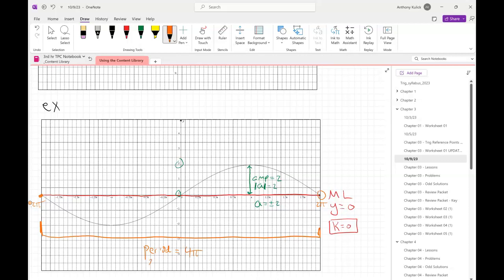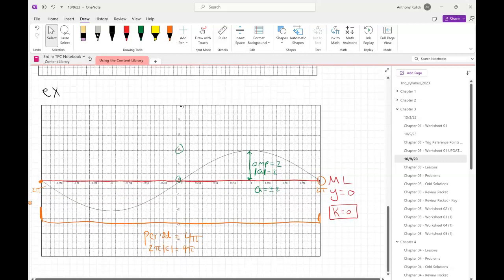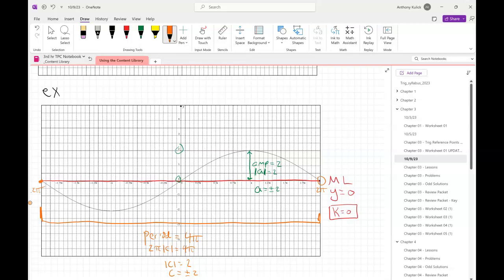And I remember that the period is 2 pi times the absolute value of c. So the absolute value of c then has to just be 2, or c has to be plus or minus 2. So far, so good. That's how we find the period.